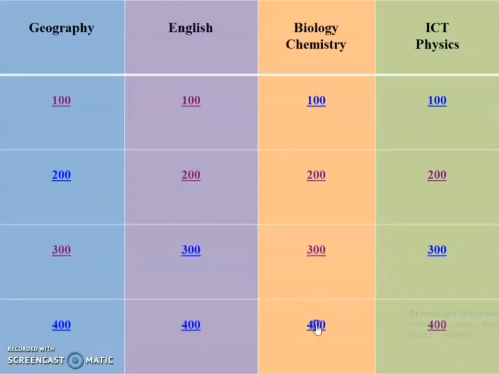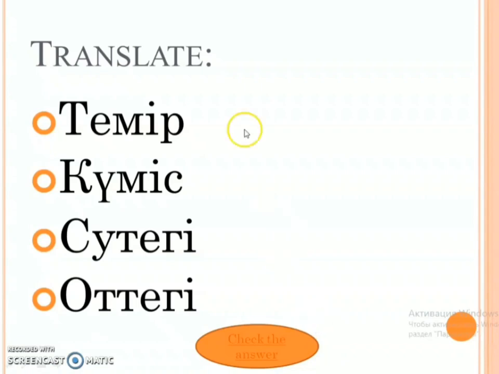Biology, Chemistry 400. So here's 4 words in Kazakh language, so you should translate them into English. Temir, күміс, сутегі, оттегі.